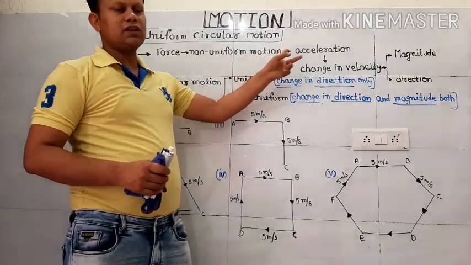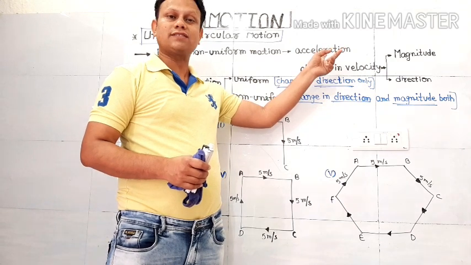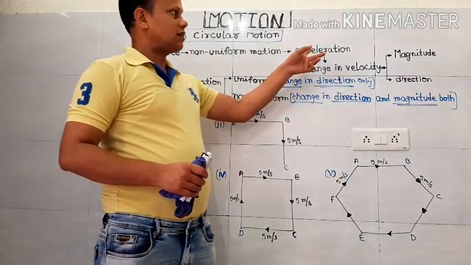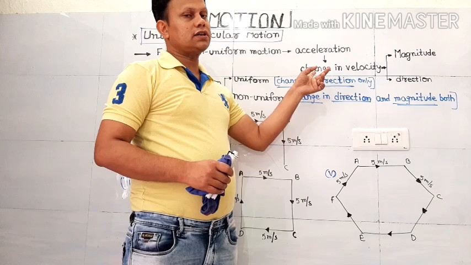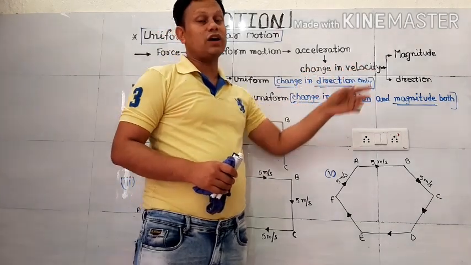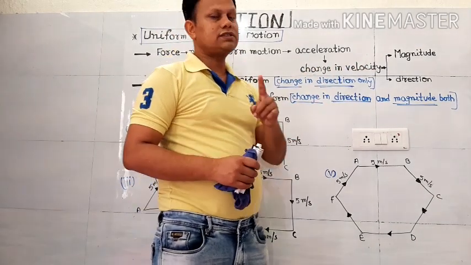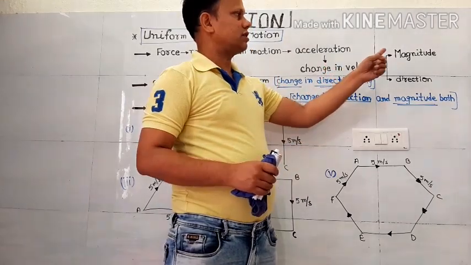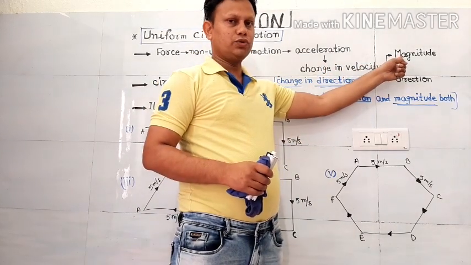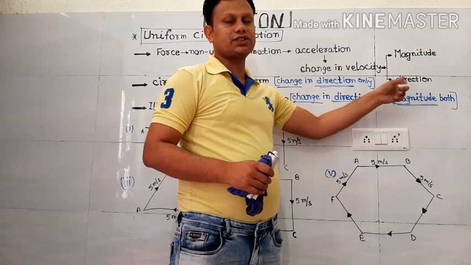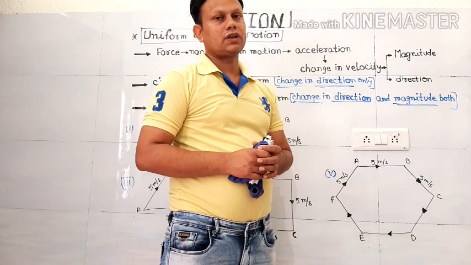Non-uniform motion means it is a situation of acceleration. Acceleration is considered when there is an observation of change in velocity, and velocity is a vector quantity, so it covers two parts: magnitude of velocity as well as direction of velocity.